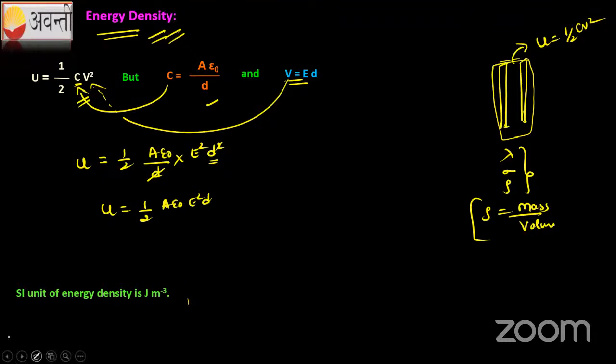We know energy density means energy per unit volume. That's why, here A stands for area, and d stands for length. A is an area and d is a unit length. Correct? If I multiply these two, what will I get? Area into length. Let me know in the chat box.